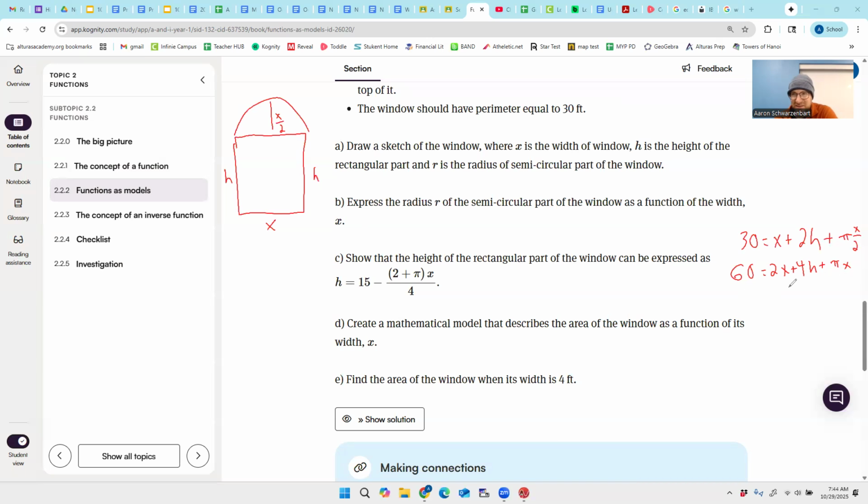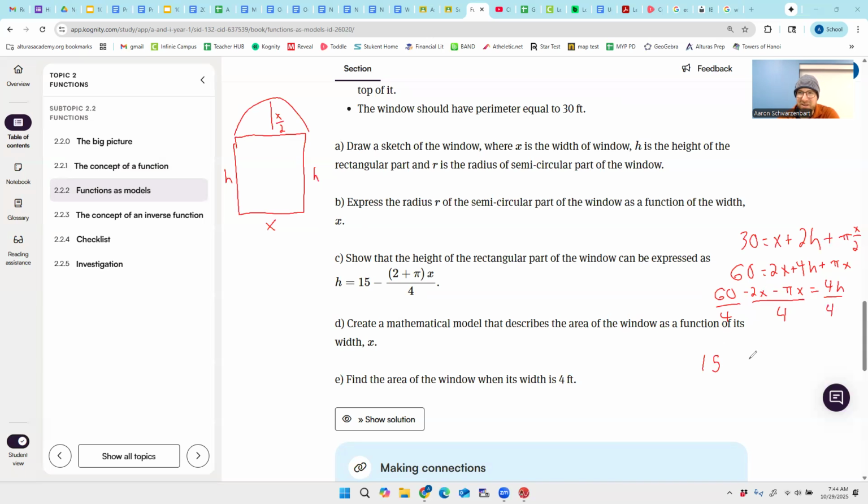I need to try to isolate h. So I'm going to subtract 2x and subtract pi x. I will divide everything by 4. I'm grouping it like that because the 60 divided by 4 gives me the 15.